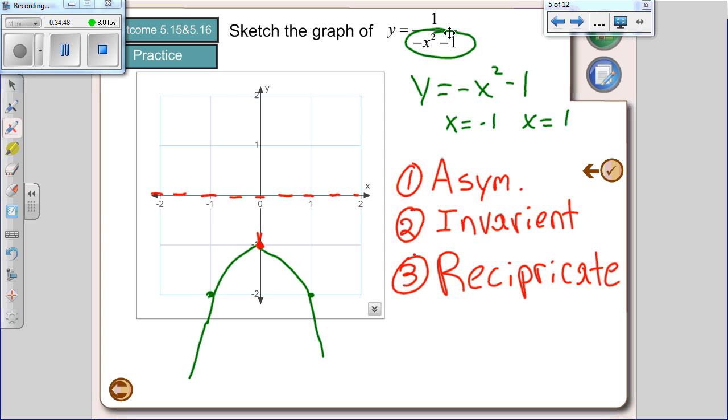So your graph looks something like that. Is it precise? Obviously not. Do you see who drew it? Me. Josh.